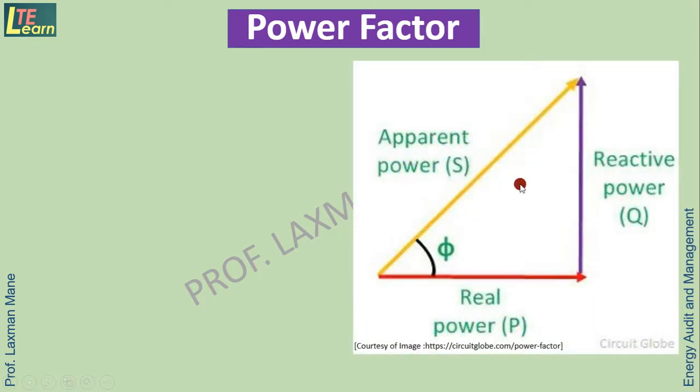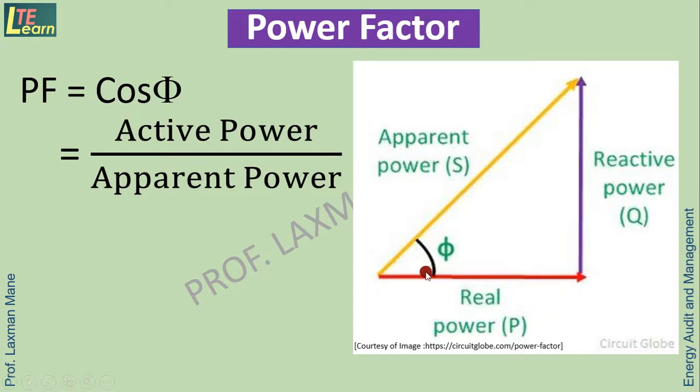Power factor. Let us see in this diagram. This is a triangle. The horizontal side shows real or true power, the vertical side shows reactive power, and the hypotenuse shows apparent power.